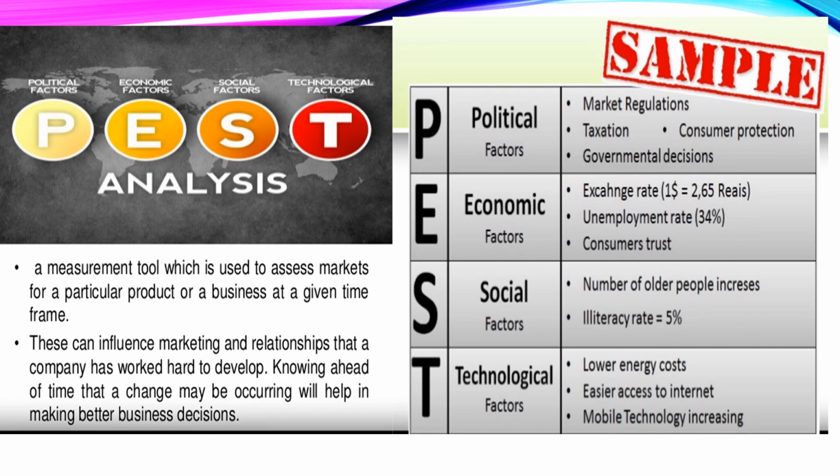Next, we have technological factors. Under technological factors, we have the lower energy cost, easier access to internet, and mobile technology increasing. These are the examples of PEST analysis.